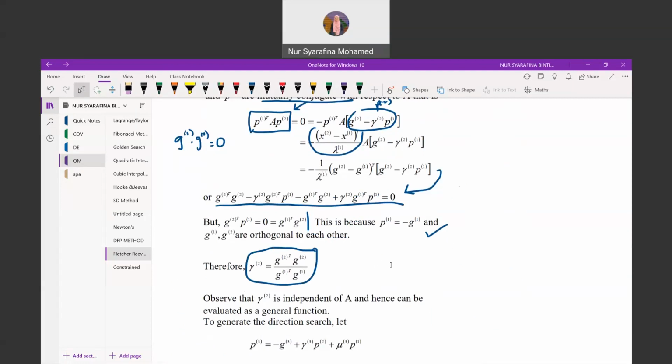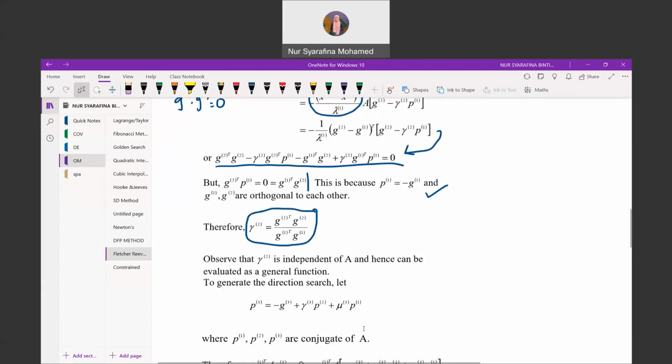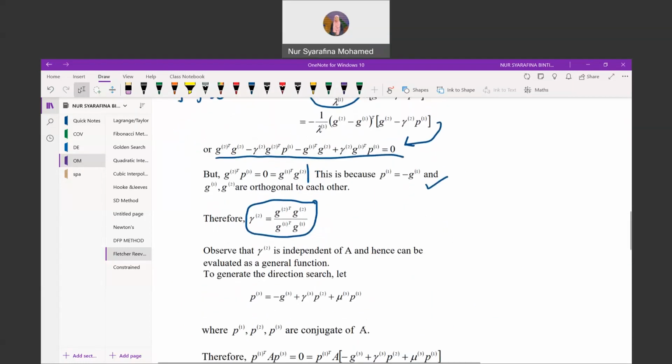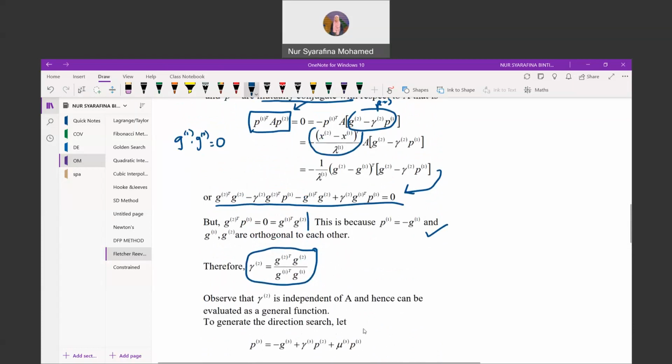So to generate the search direction, let P3, now we want to generate the direction search. Let P3 equal negative G3 plus gamma 3 P2 plus mu 3 P1. Why gamma 2 here is independent of A, hence we can evaluate it as a general function.